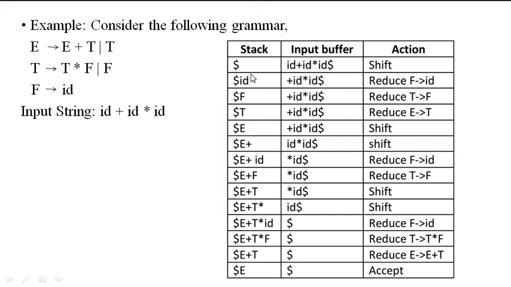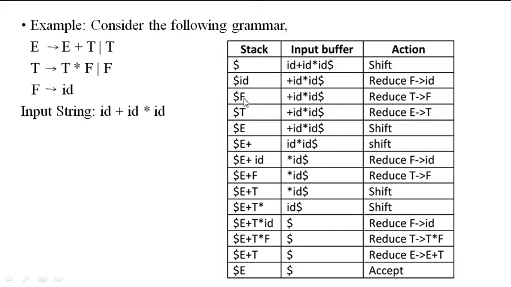Now this ID is reduced by F because F gives ID. So your action will be reduce F gives ID. So this ID will be reduced by F. Input string as it is, plus ID star ID dollar.